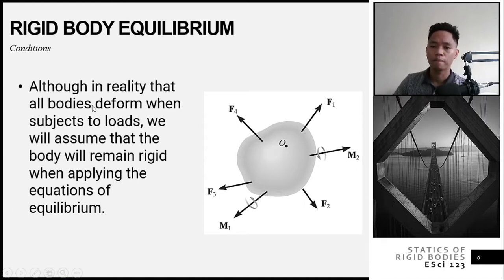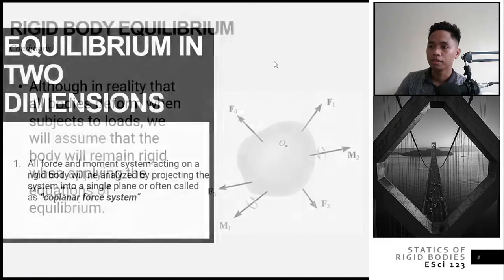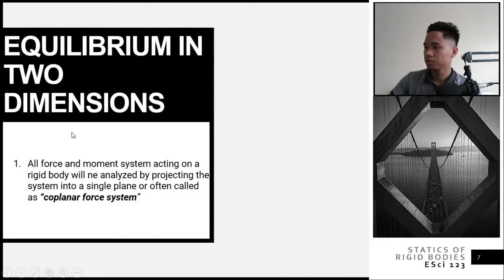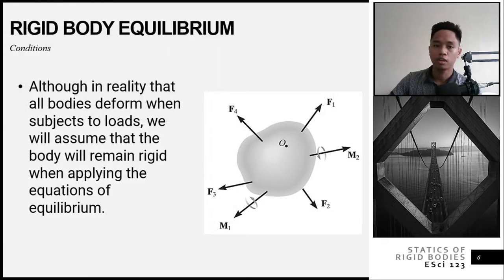Pero, we will discuss that in your next course that would be mechanics of deformable bodies. You will know that all materials will deform after the application of your external forces or loads. Alright? So, those are the conditions of rigid body equilibrium. So, I hope nga klaro siya.